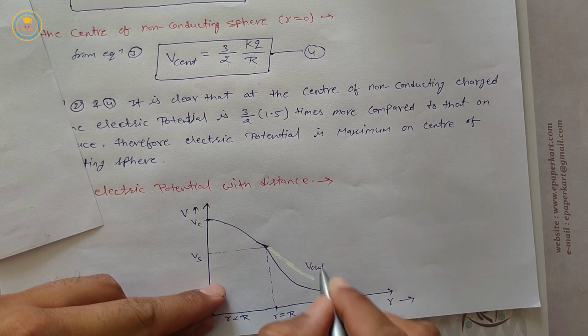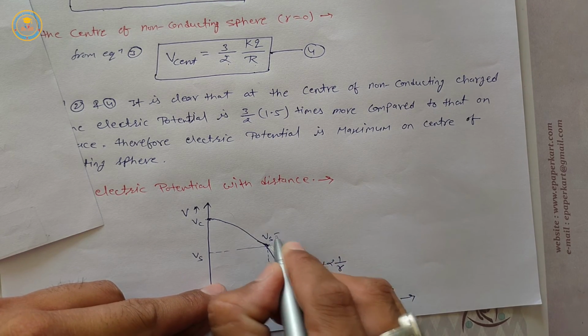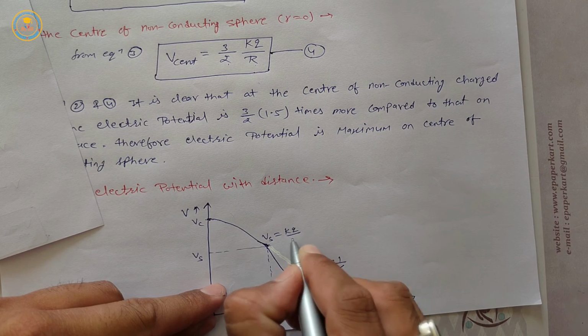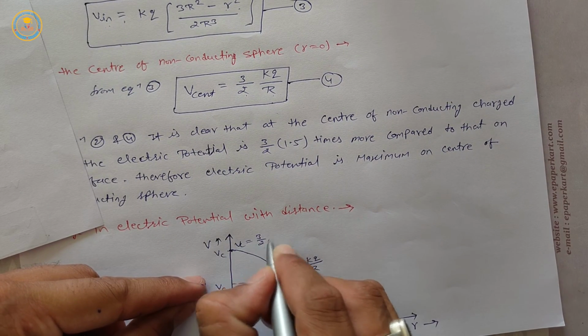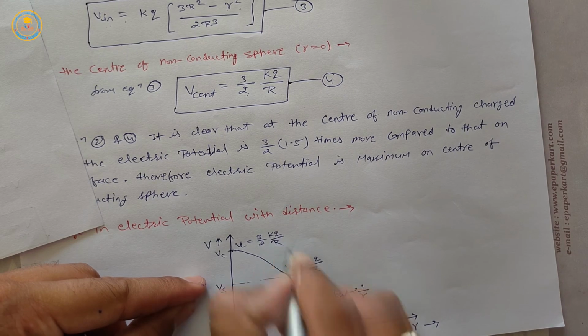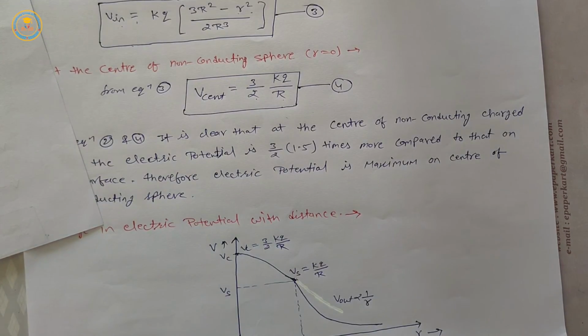V at an outer point is inversely proportional to r, and this V_s is equal to kq upon R, and this V_c is equal to 3 by 2 kq upon R. Okay, this is the graph of the change in electric potential with respect to distance.